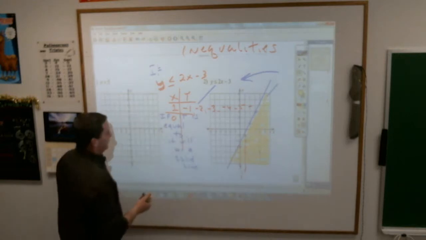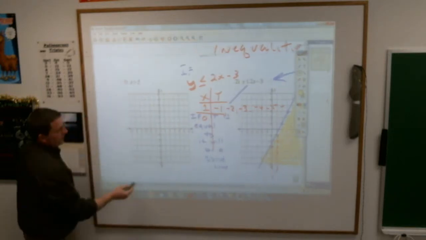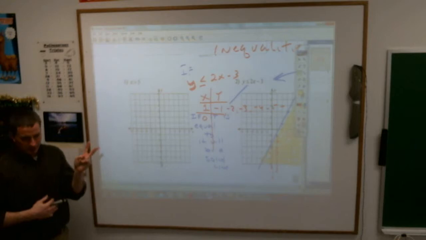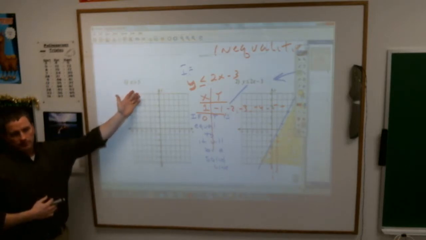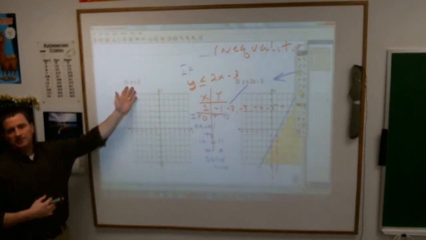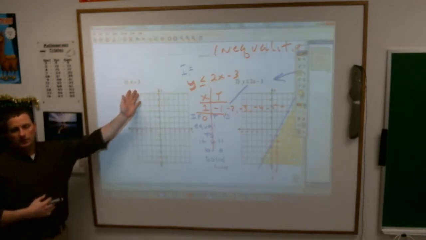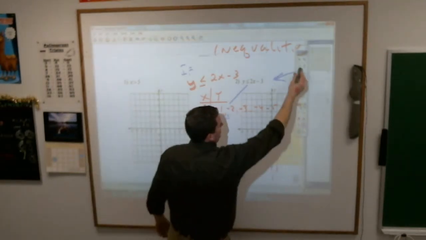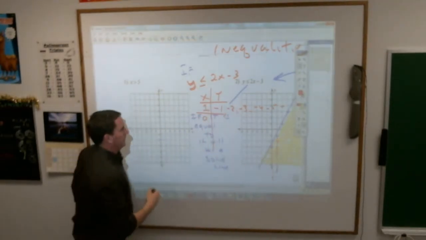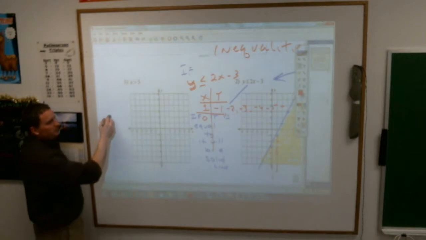Now, with that being said, there are a couple of special cases. This is one. This just says x is greater than 5. Here's the deal if you think about this. You don't have to make the table, but the table helps us think about this.